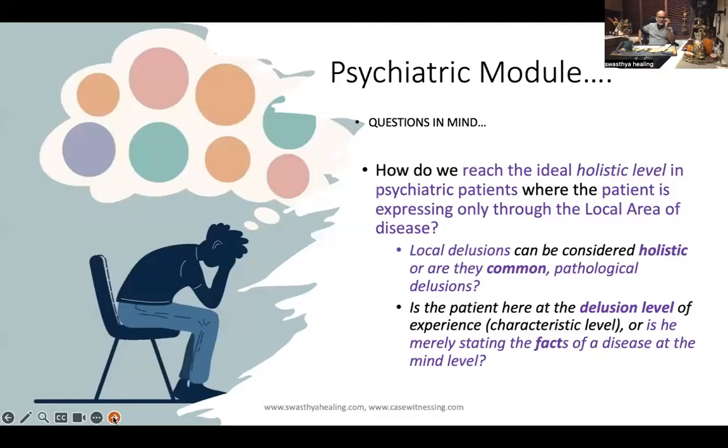When I keep psychiatric cases in front of my eyes, the first thing that comes up is that most of the psychiatric patients are stuck with mental symptoms, mental delusions. Are these delusions of homeopathic importance or are they just disease symptoms?